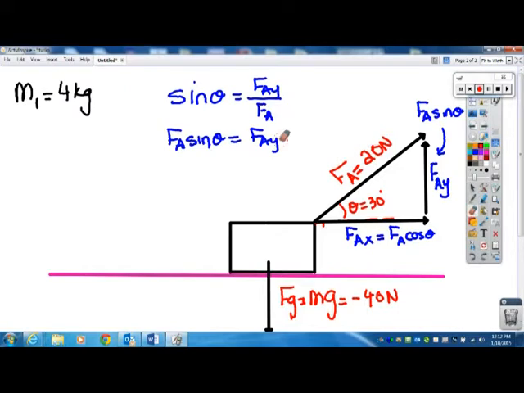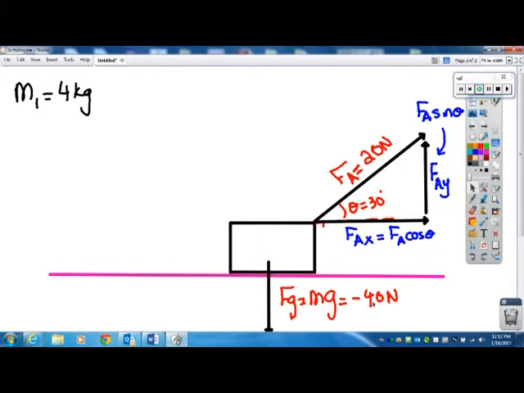Why is this important? Well, this box is now not pressing against the surface with a force of 40 newtons. The force of gravity is pushing the box downwards 40 newtons, but the rope is pulling up with a force of FA sine theta. So what's the net force? What is the total force with which this box presses against the surface?